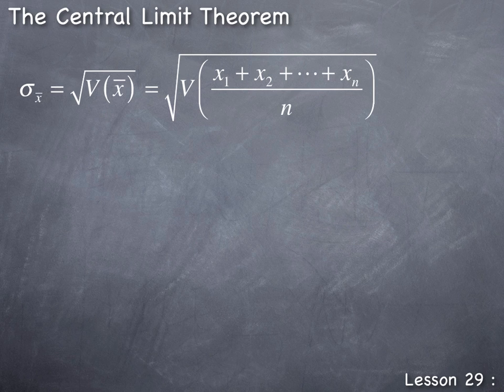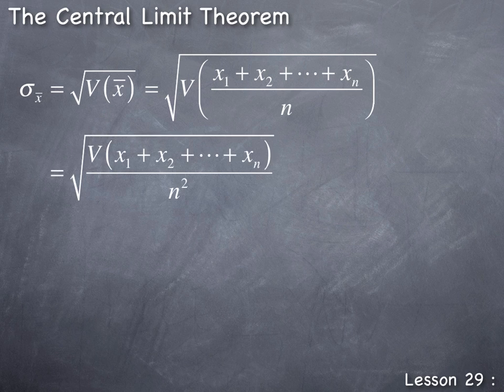Now, a property of the variance function is, since the variance involves the squaring of the standard deviation, if we are dividing by a constant within the variance function, we can divide by the square of that constant outside of the variance function. So for a given sample size, n would be constant. So we could take the variance of the sum of the data values and divide it by n squared.